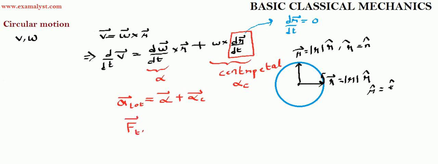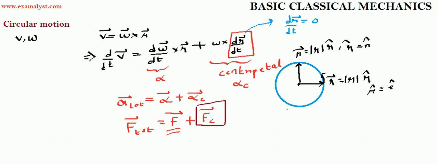The first part is your normal force F, and the second part is your centripetal force. This is something different, but we'll put our main focus on understanding the origin of centripetal force.